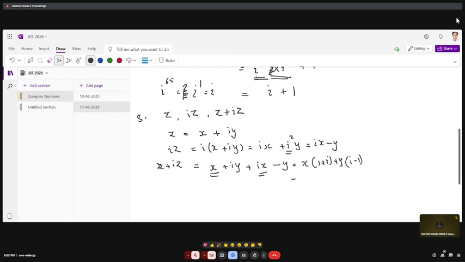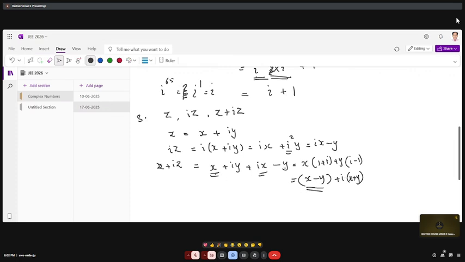We will write it in the form of real and imaginary: x minus y plus i into x plus y. So x minus y is the real part, and the coordinates will be in terms of the real and imaginary parts, right?